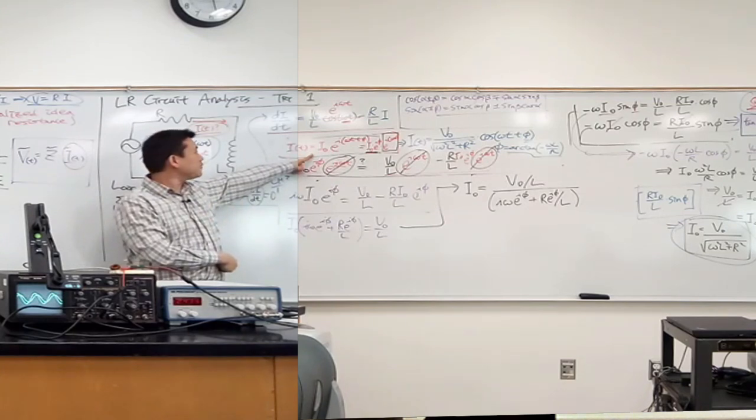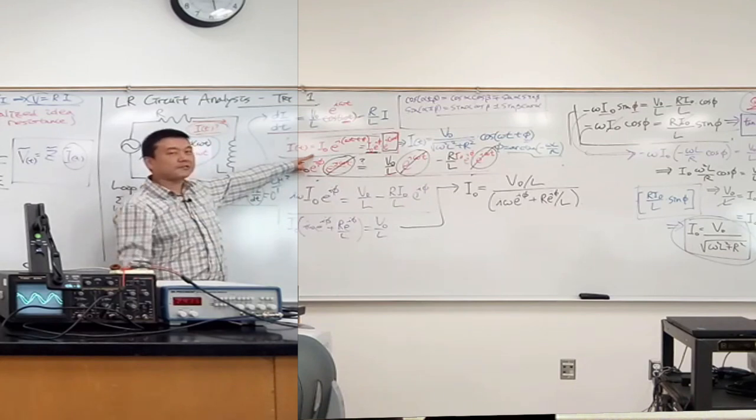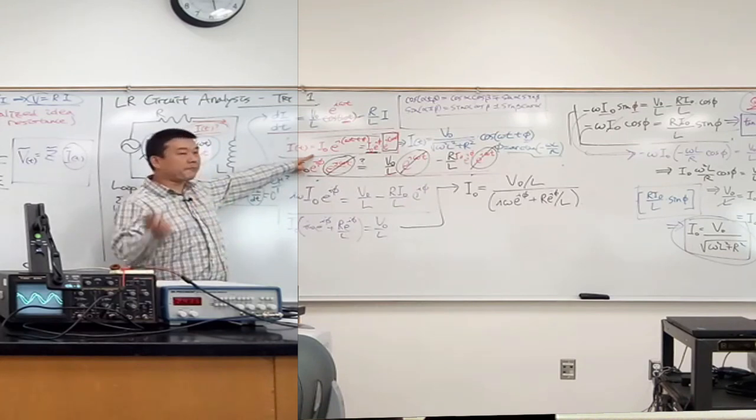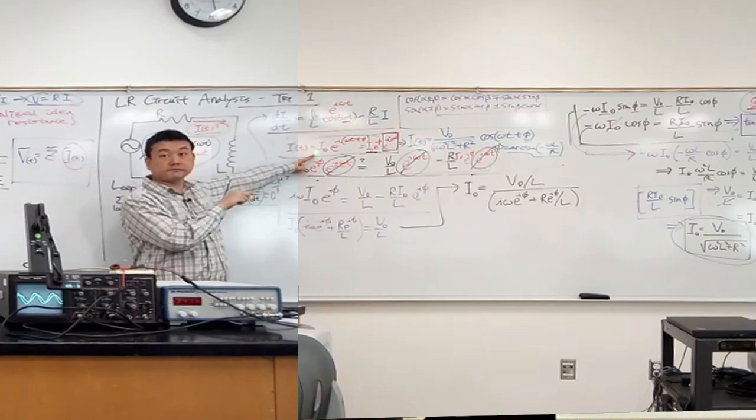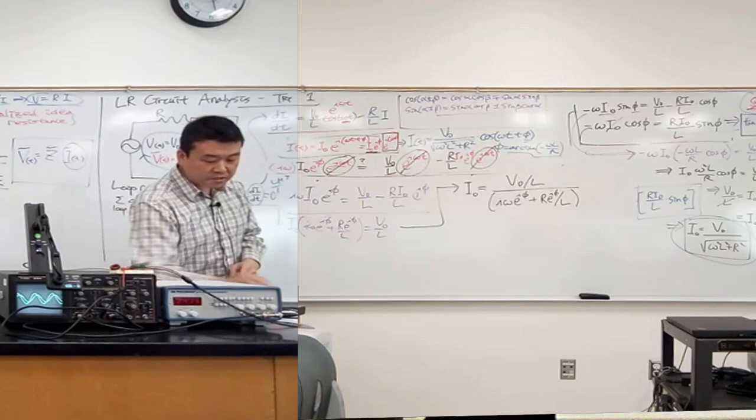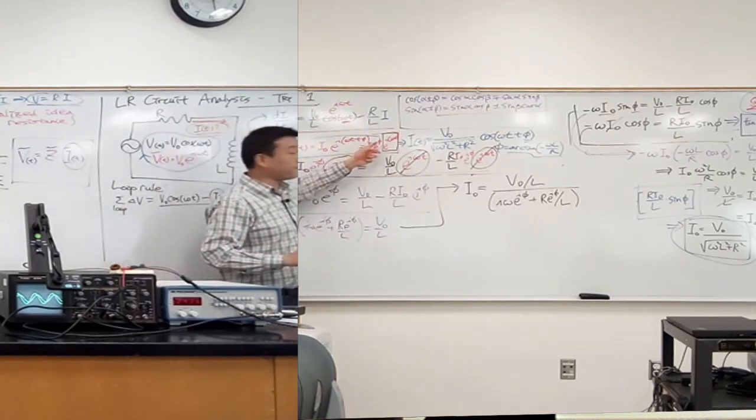Yeah, it's a bit of a tricky question to answer. Okay, let me rephrase the question. Can I choose my parameters in such a way that this I naught will be a real number? Yeah, I can do that. It essentially comes down to the correct choice of phi.